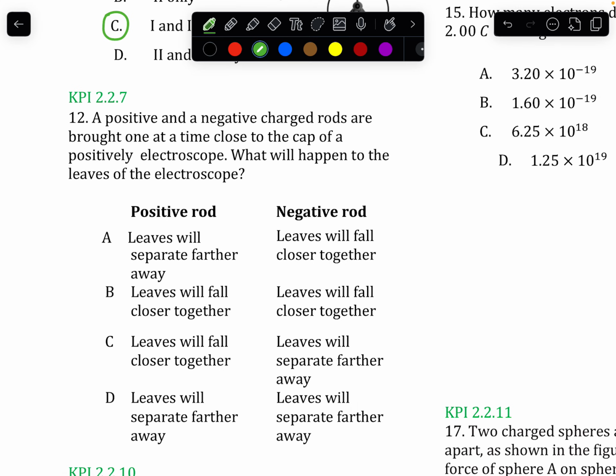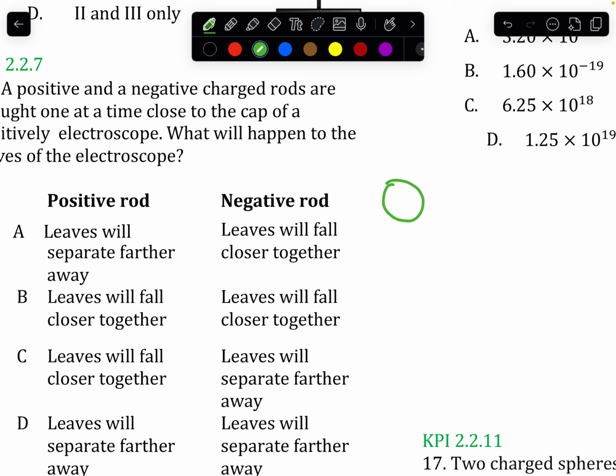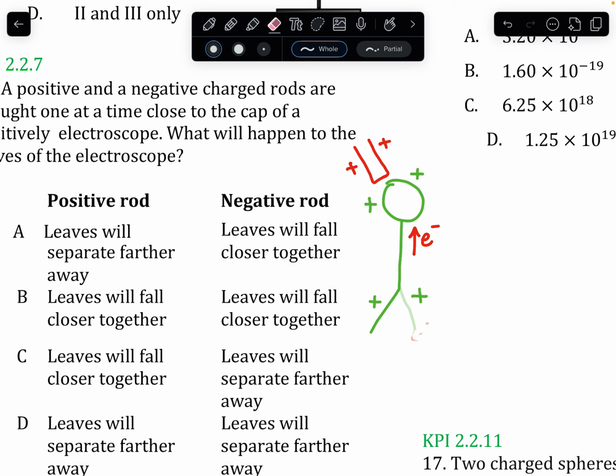A positive and a negative charged rod are brought one at a time close to the cap of a positively charged electroscope. So here I have an electroscope that is positive. When I approach a positive rod, this means that electrons will go up, attracted by the positive rod, and these two leaves, so this means that down will become even more positive.